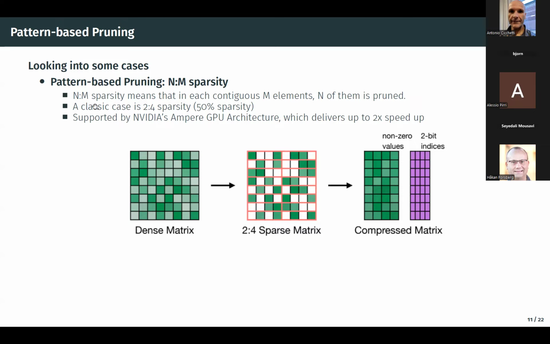The classic case is 2:4, which is 50% sparsity. So for every 4 elements, you can prune 2 of them. They have embedded this support in their hardware. But if you have a different pruning strategy, then you have to consider the support in hardware.